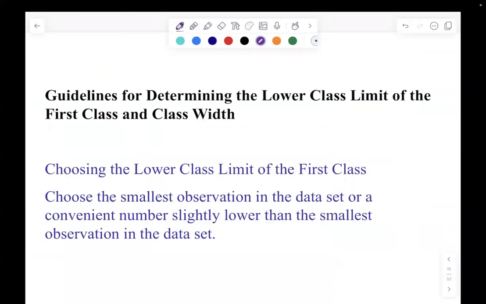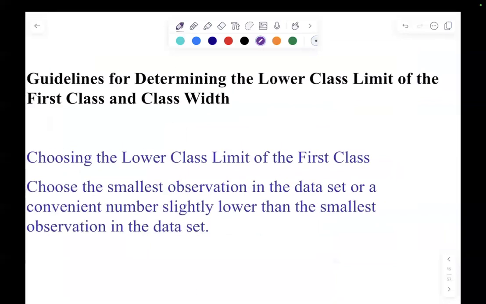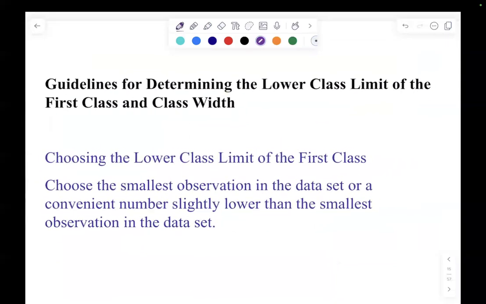So I'm going to tell you, okay, this is fine. The lower class limit, as I said, you want what does it call it? A convenient number. I say the words pretty number. It says look for a convenient number slightly lower than my lowest observation. I say pretty number. You don't have to do that, but pretty much everybody does.